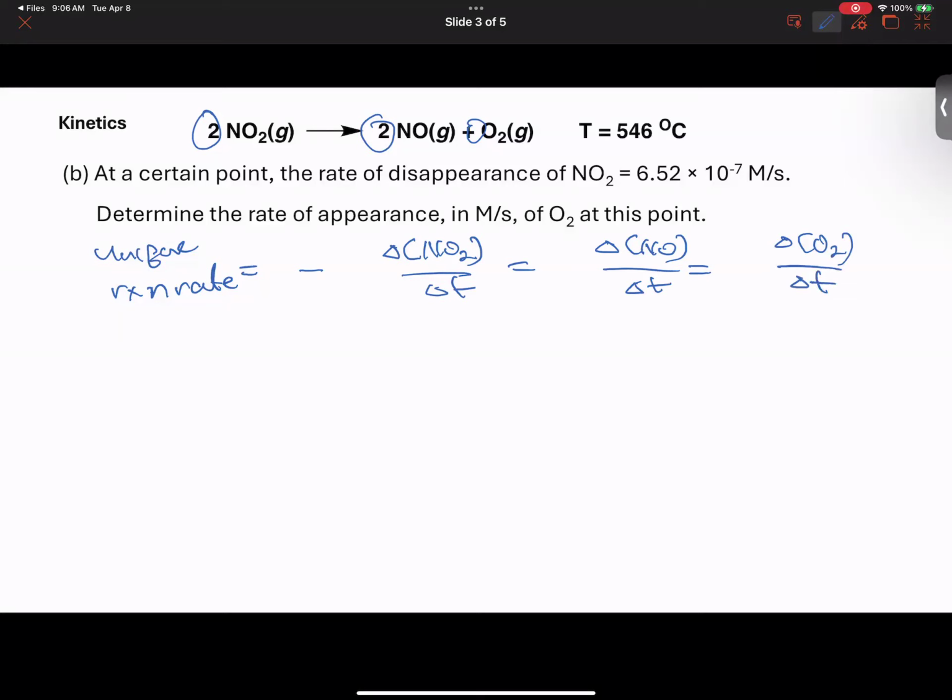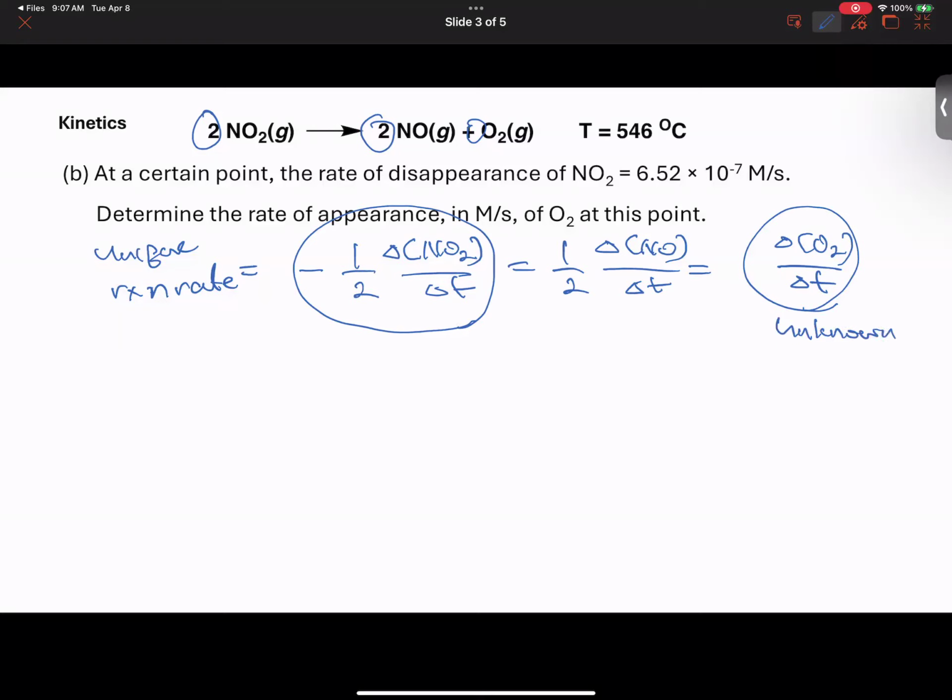But they are not the same. 2 moles of nitrogen dioxide decomposed to produce 2 moles of nitrogen monoxide, but 1 mole of oxygen is generated. To make them equal, we need to divide by their coefficients, 1 over 2, 1 over 2, and in this case simply 1. So we are looking at this relationship. This is given, and this is unknown.